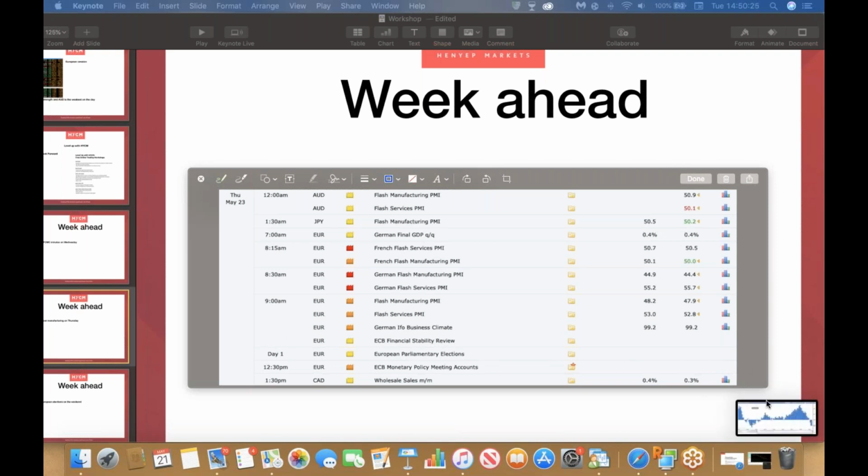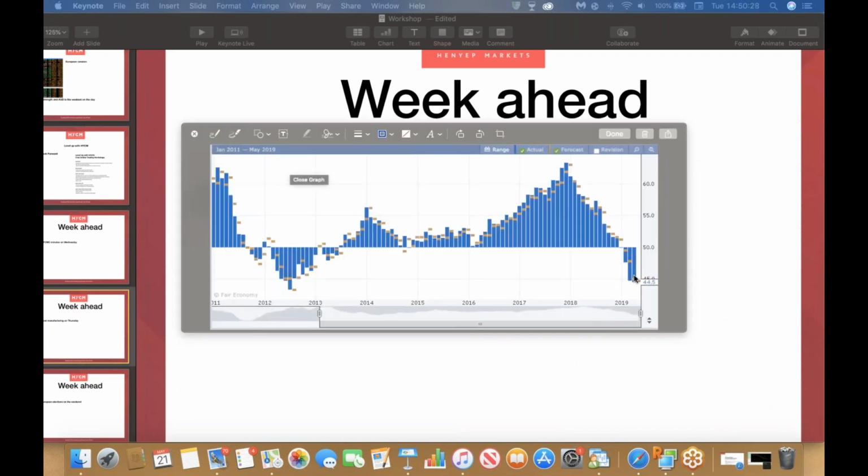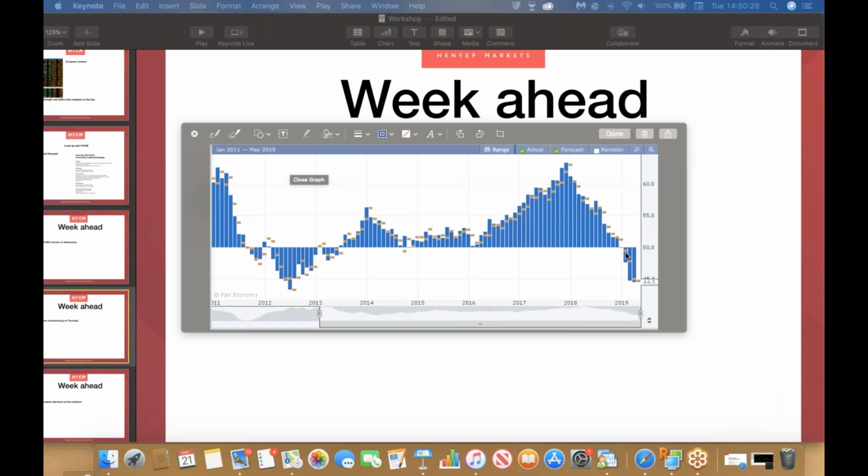These are the last manufacturing PMI numbers. You can see it was this last one that really dropped down to the 40s, which was a very low reading, multi-year lows.